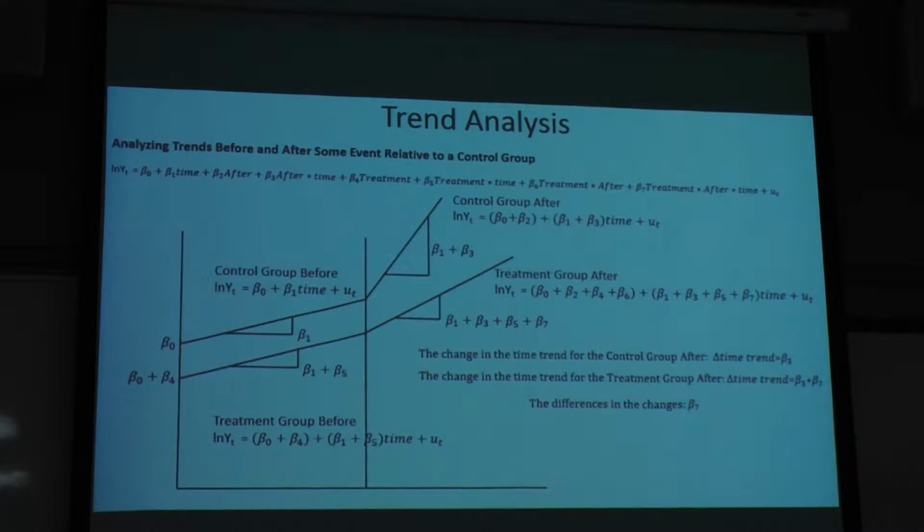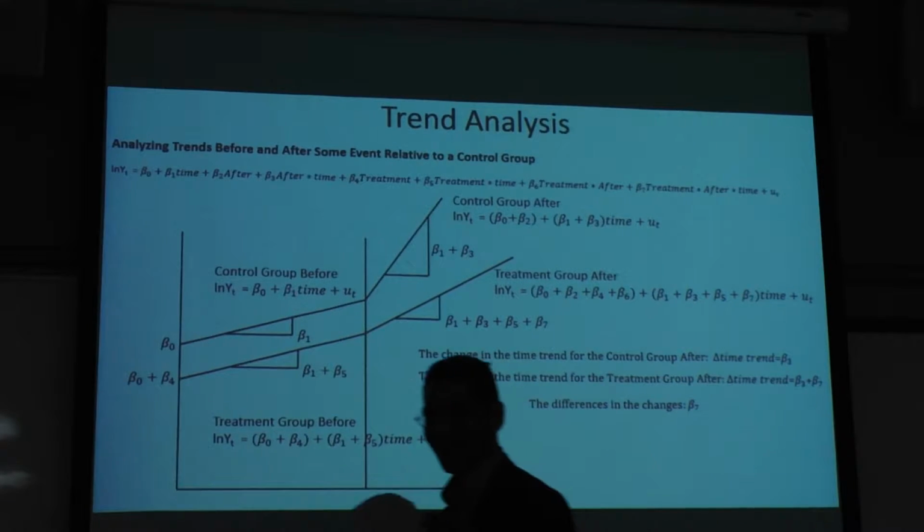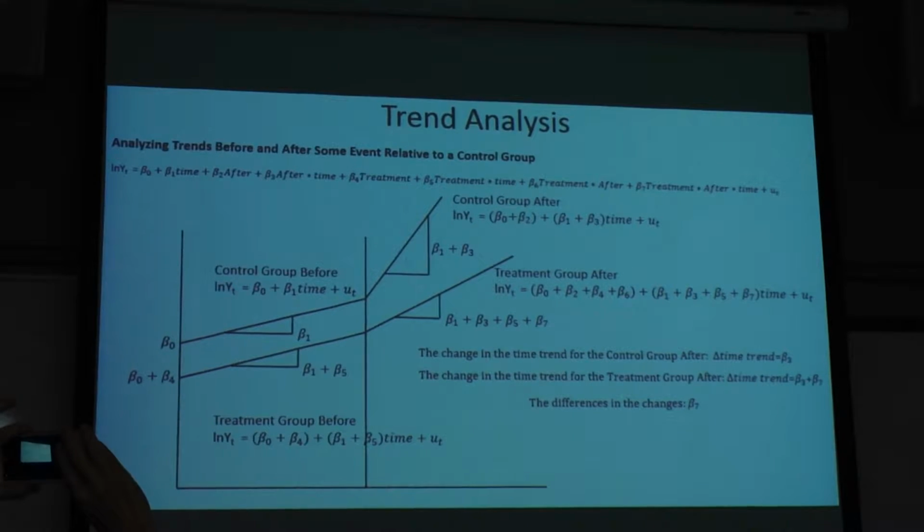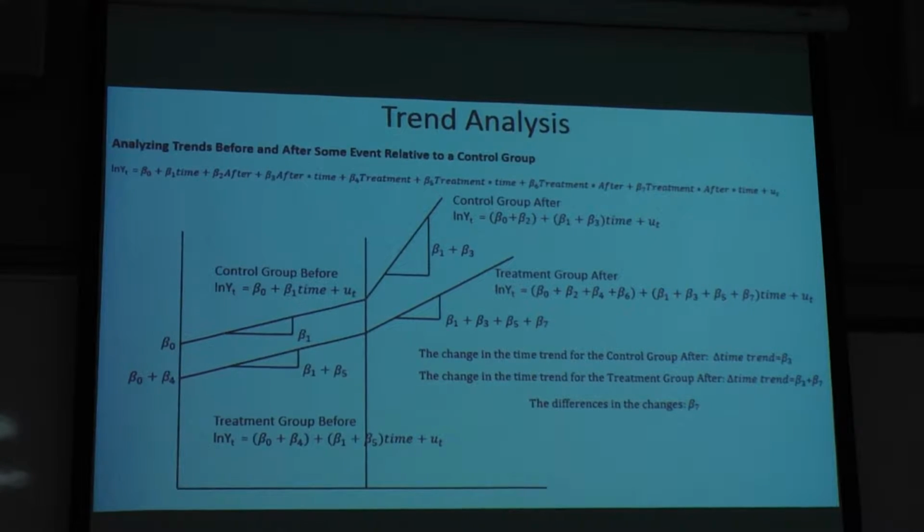All of this boils down to one coefficient. If beta 7 is statistically significant, then, here comes an alpha, the treatment group changed by more than the control group after the event occurred.